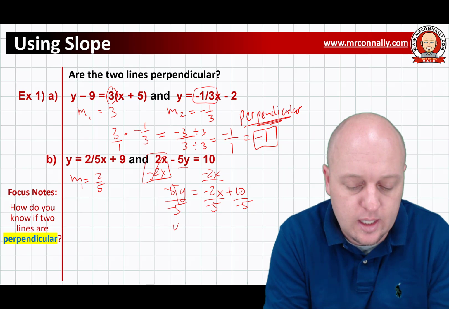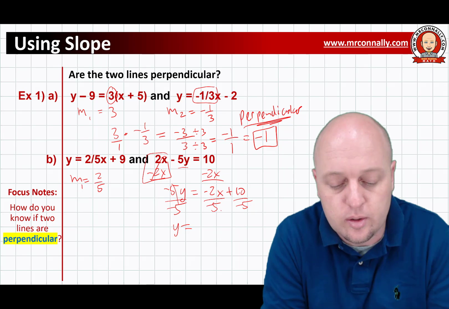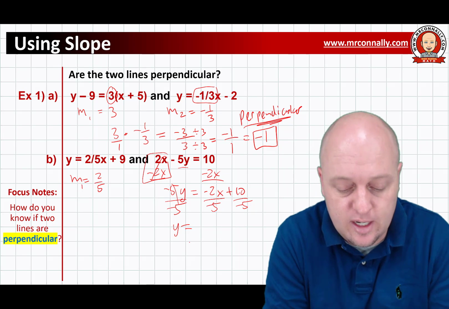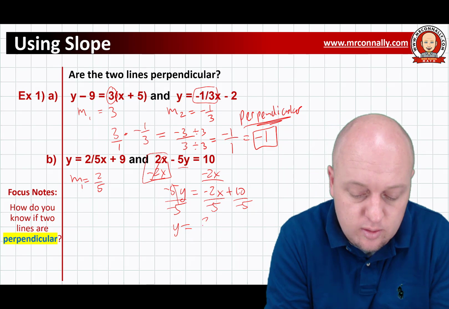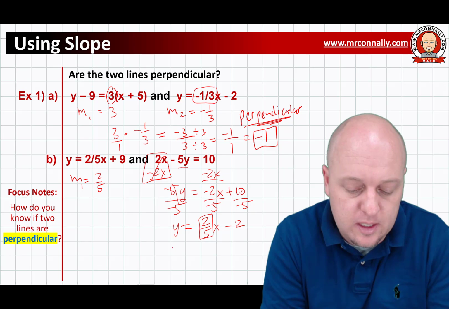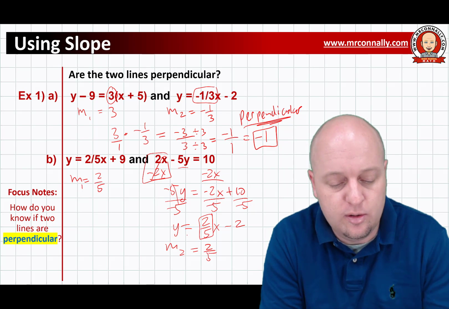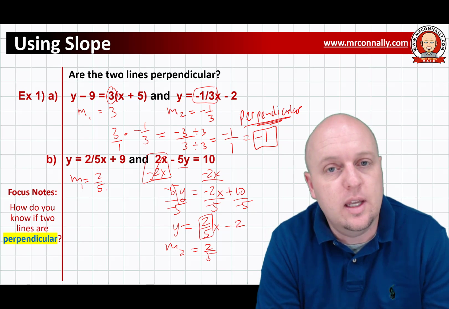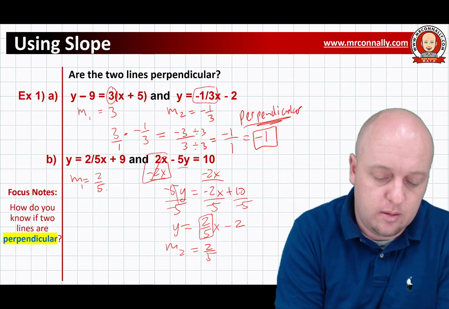and I get y equals -2 over -5 is actually 2/5 x minus 2. Okay, so the slope is going to be 2/5. So the slope of number 2 is 2/5. Now, already we see that 2/5 is the same as 2/5, so that means the lines are actually parallel, but they are not perpendicular.